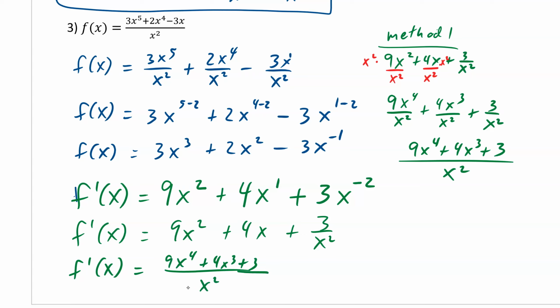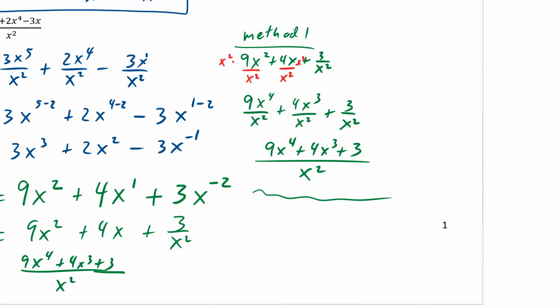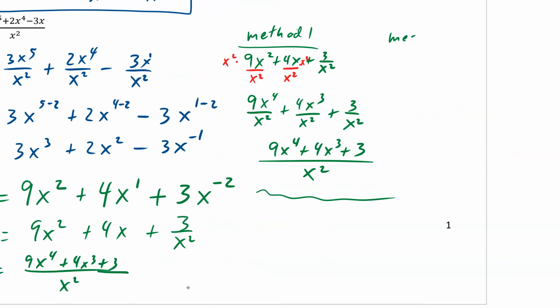Now the second method is using factoring. So method 2. We're going to go back and use the previous one that did not have it written as a fraction. And we're just going to factor it out. So our common factor here is x to the negative 2. We always pick the smallest. So we're going to take the x to the negative 2 out.